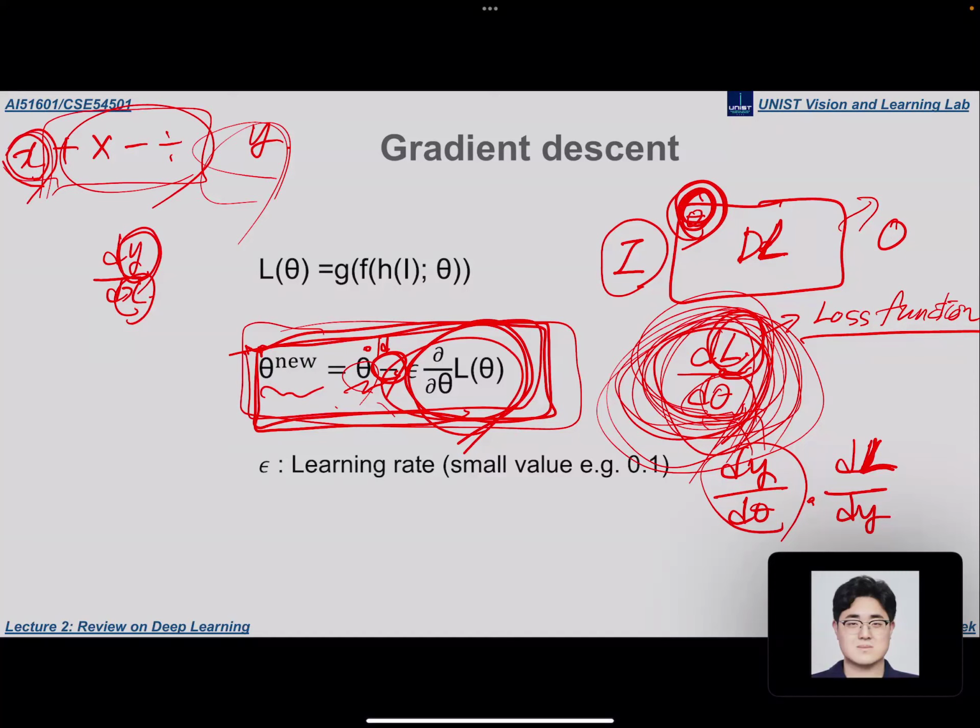And the convolution operation, maybe some of you already know, is composed mainly of these two operations, right? So its output is differentiable with respect to its input, okay? So that's the thing.